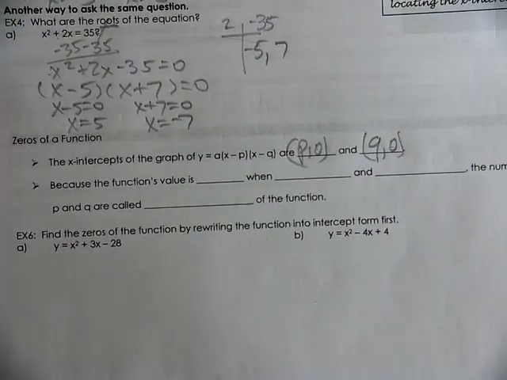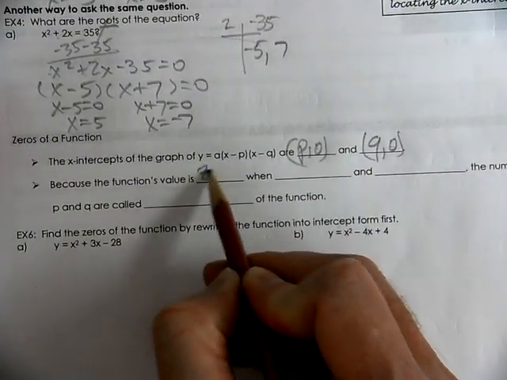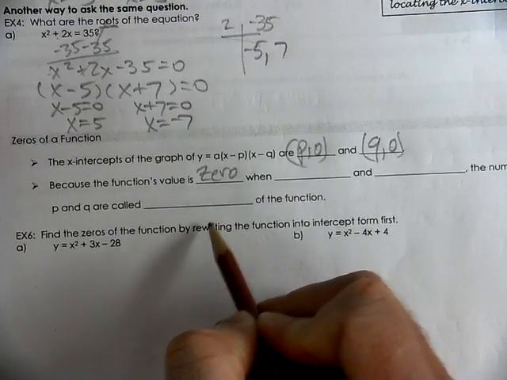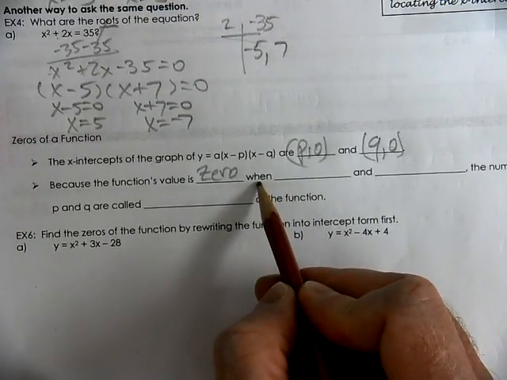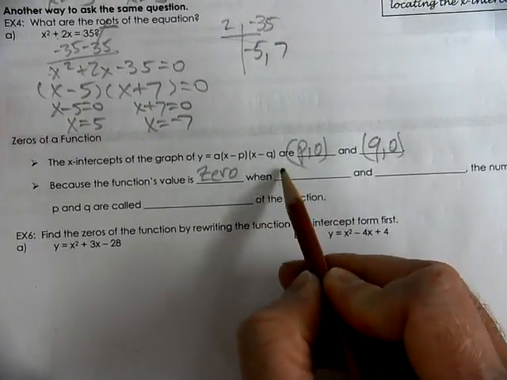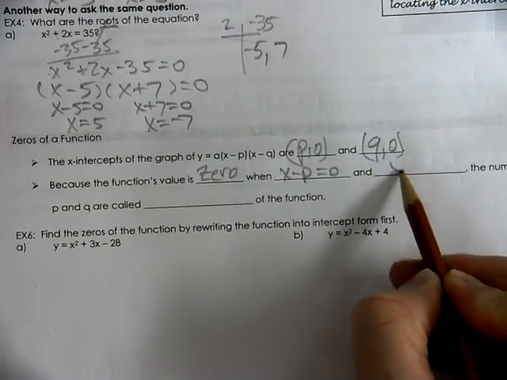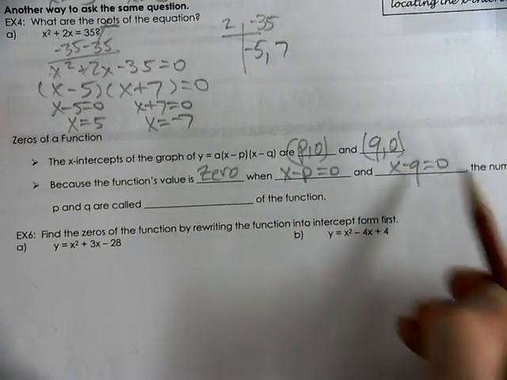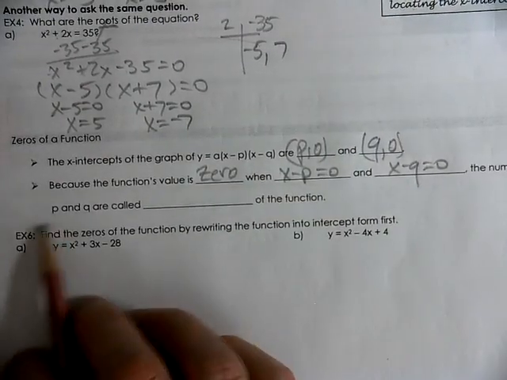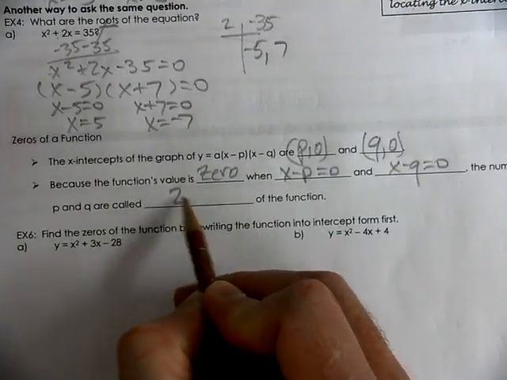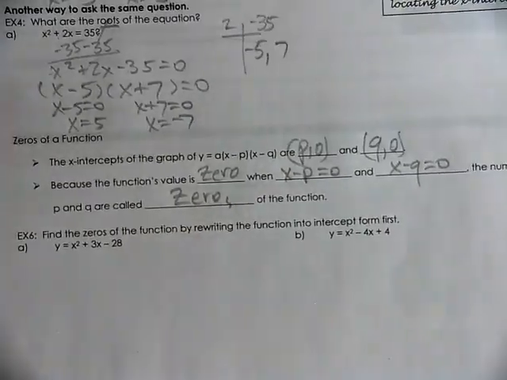Because the function's value is 0 when x minus p equals 0 or x minus q equals 0, the p and q are considered zeros of the function.